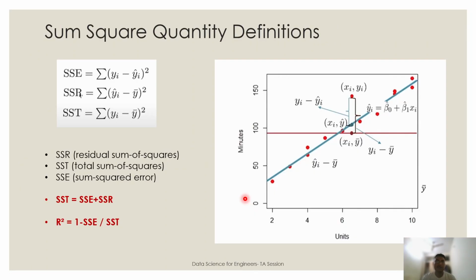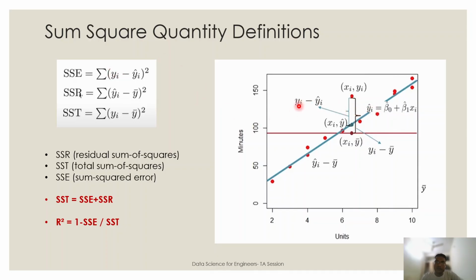Now there are different terminologies here, because the same question was asked in one of your weekly assignments on SSE, SSR, and SST. So I will explain what exactly this terminology means. SSR, residual sum of squares. It's yi minus yi hat. This particular line represents yi hat, and minus yi.